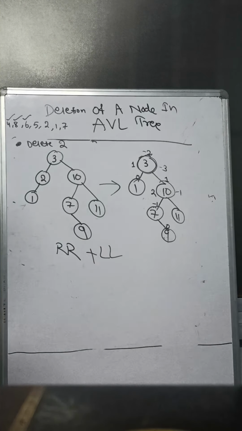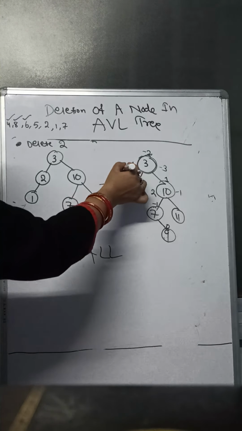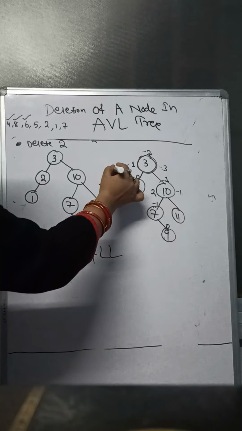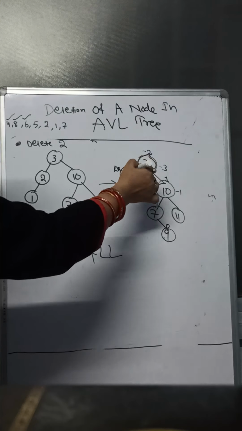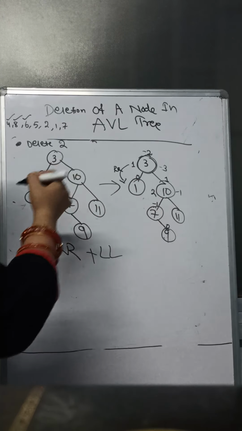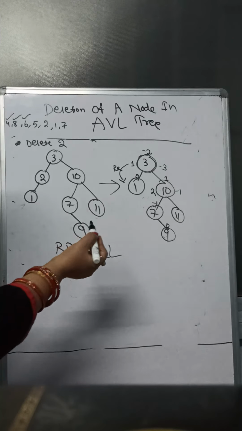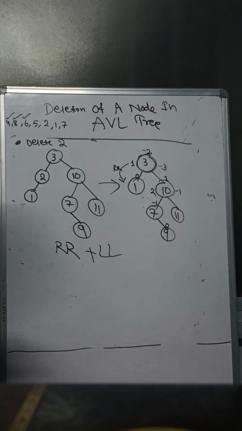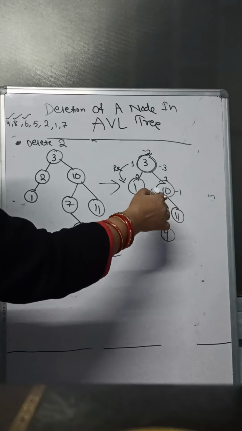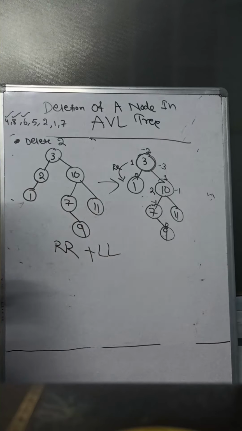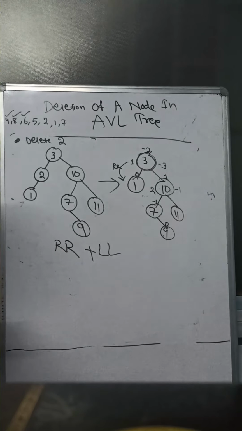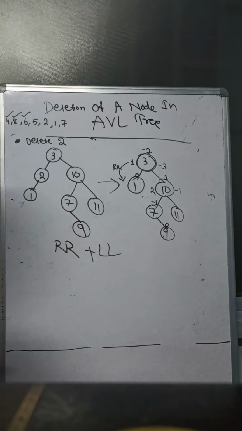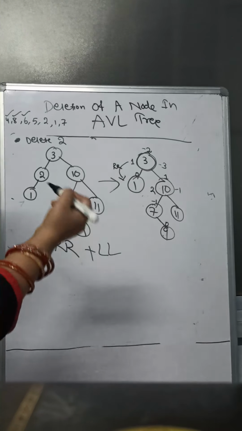So I have to do the right rotation first, meaning an anti-clockwise rotation. 3 will come here, then 1 will come here. You can also do this by only the right rotation, because think: if 3 comes here, 1 comes one position to its right.